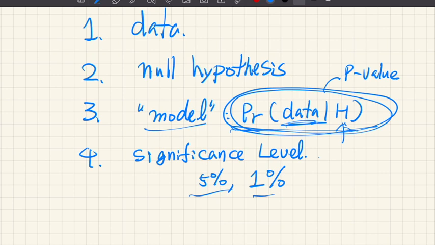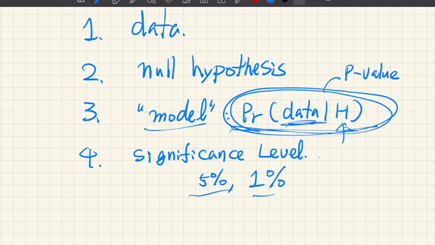So what if this probability is not small enough, like greater than 5%? Then we cannot reject the hypothesis, and that's it. It doesn't mean we prove the hypothesis is true. That's not right. We cannot prove anything here. We can only reject. It's a very negative idea, right?